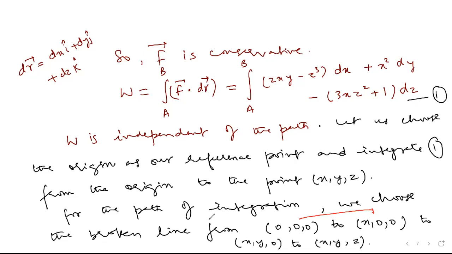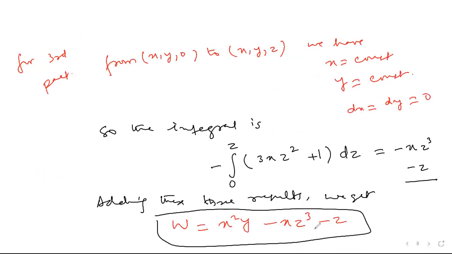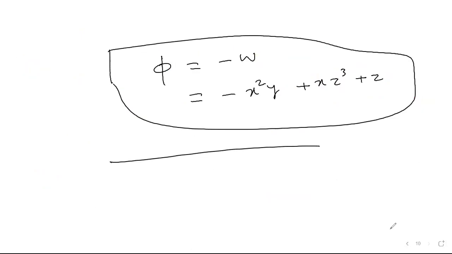Then we took a broken path from 0, 0, 0 to x, 0, 0 to x, y, 0, then to x, y, z. We calculated this integral for 3 parts of the path, then added those 3 results. We got our work. Then phi is negative times w, and we solved for the corresponding scalar potential.